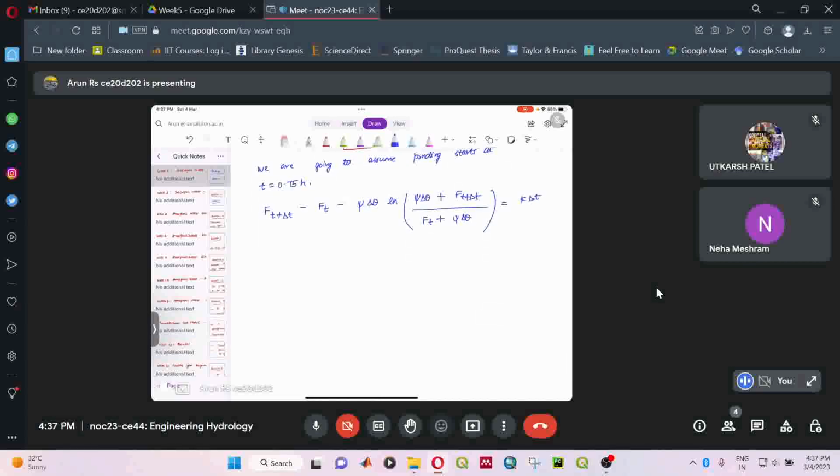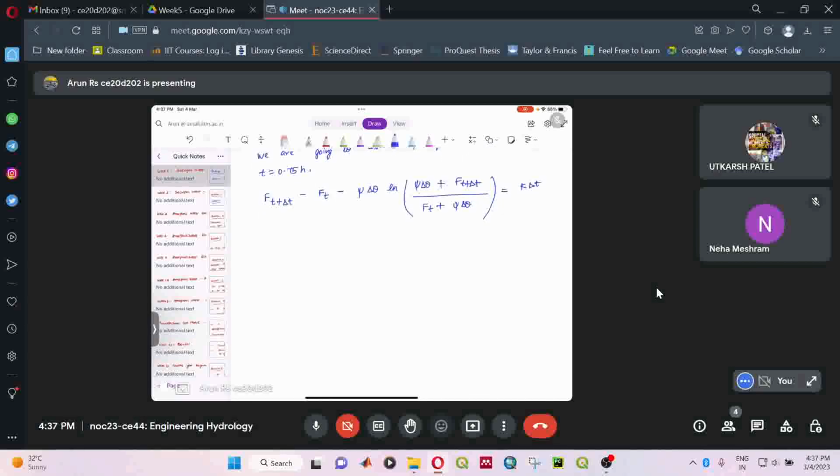So this is the equation we would have used, and we need to solve this.